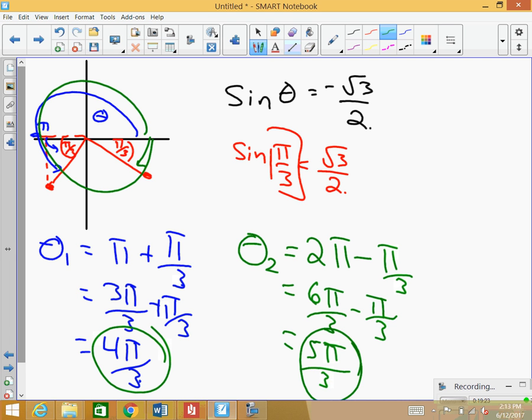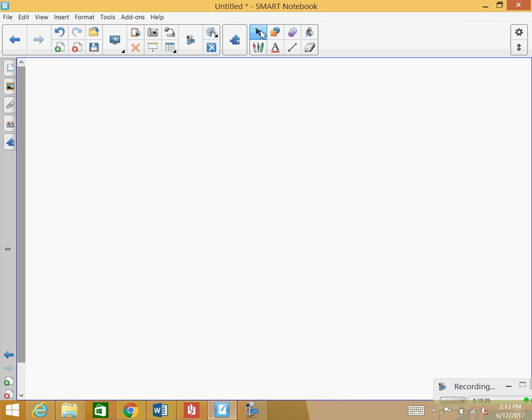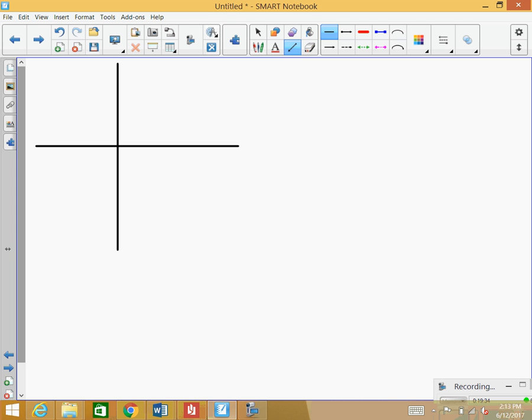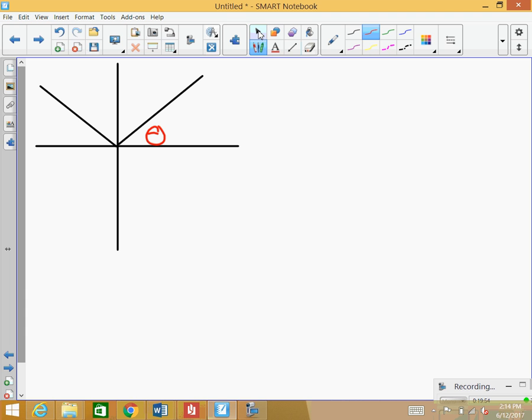So here's a really important thing to remember, and I'll do another real quick right here. Whatever's here, this is what we call theta. If it is in this quadrant here, it's going to be pi minus this angle.